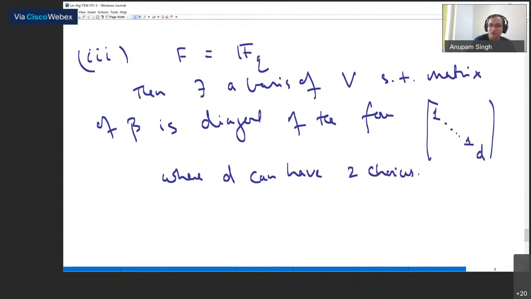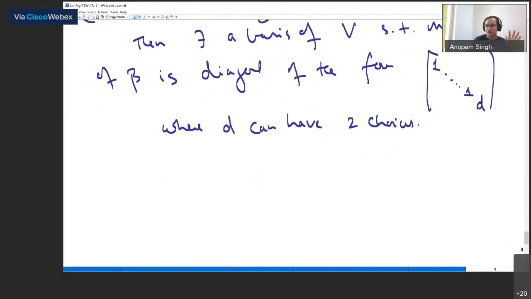I'm not telling you how to choose D right now, but I'm just trying to tell you that there are 2 possible symmetric bilinear forms over a finite field.